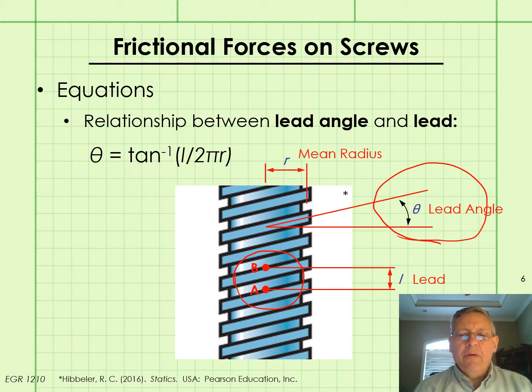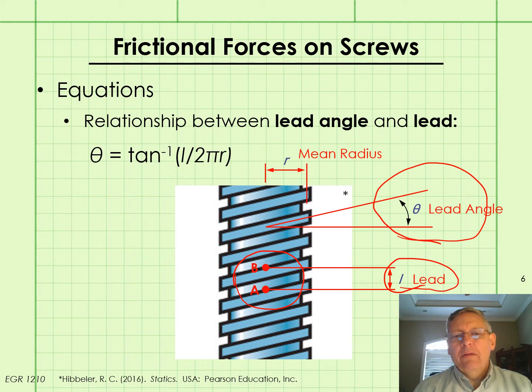So in other words, if you had a collar riding up and down this screw, then if you turned the screw one revolution, 360 degrees, the collar would move up or down by the amount of the lead. And we'll denote that by small l.